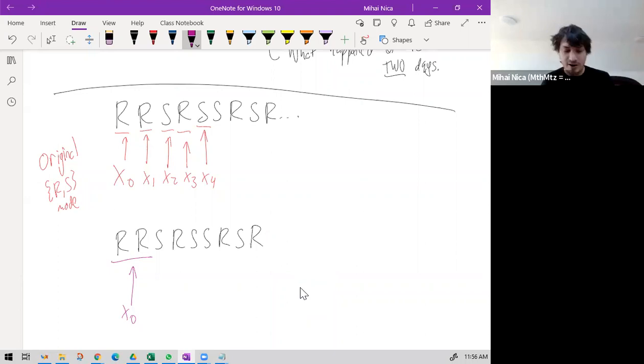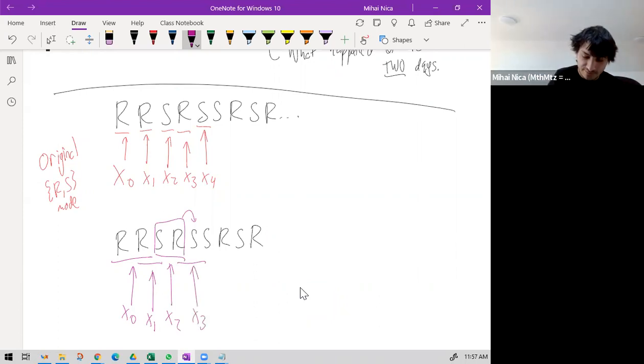X0 could be RR, then X1 would be RS, X2 would be SR, and we slide this window over day by day. If you know what happens on two days, for example if you know it's SR, the rules of the game tell you the probability of what happens the next day, and we can use that to figure out what's happening in our Markov chain on this new state space.